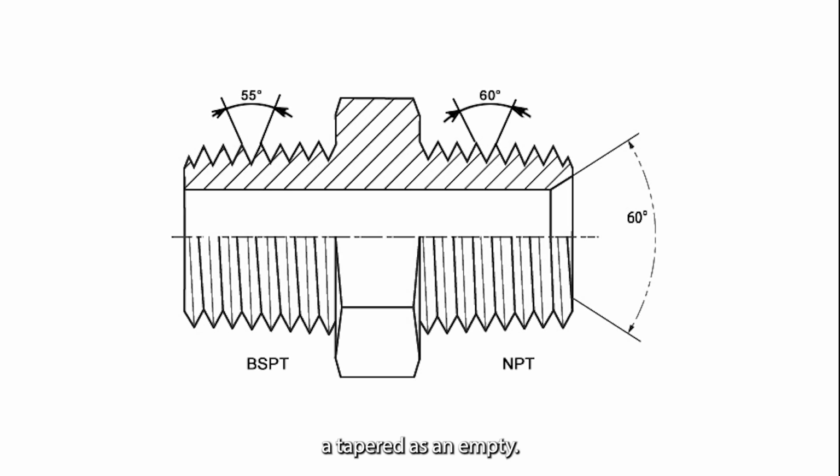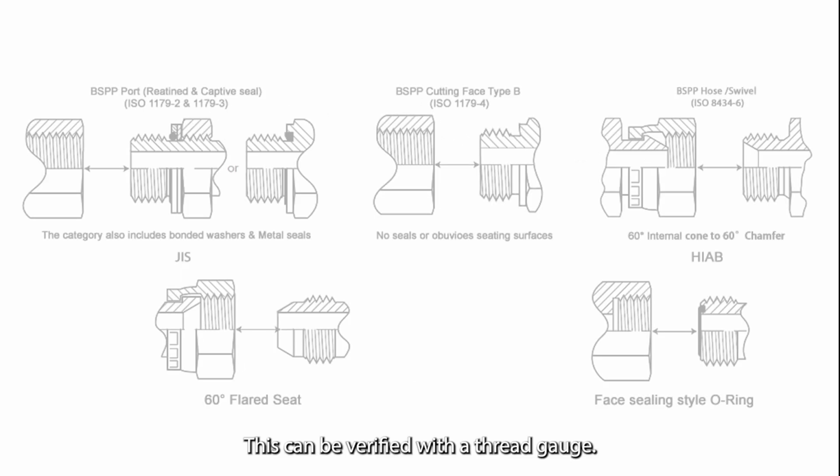It is a fairly common mistake to identify a BSPT, tapered, as an NPT. Remember that NPT threads have a 60-degree thread flank angle, and BSPT has a 55-degree angle. This can be verified with a thread gauge.